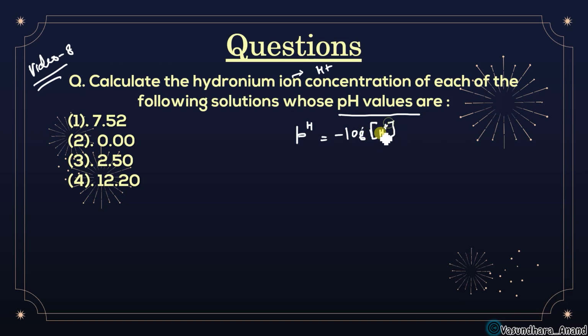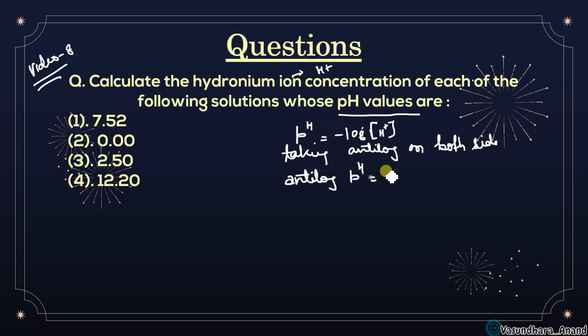If you want to find the H plus here, what you have to do is take the anti-log on both sides. You will get anti-log pH is equal to minus concentration of H plus.